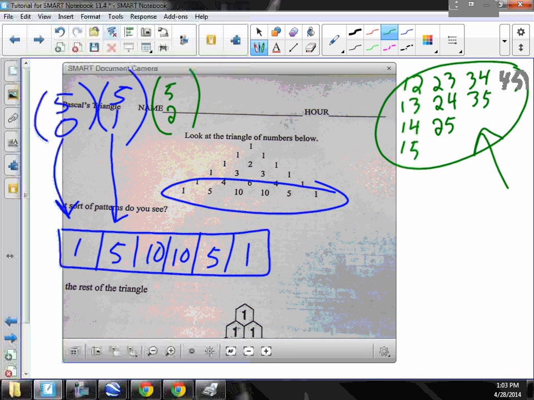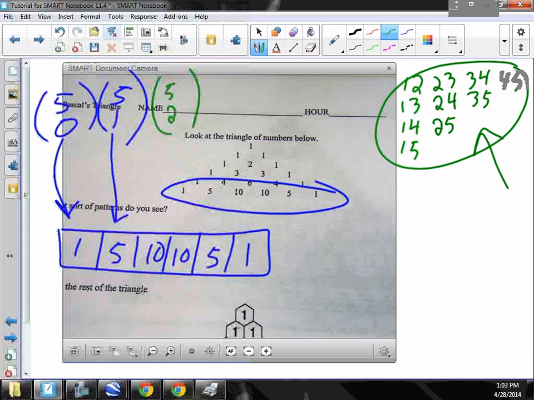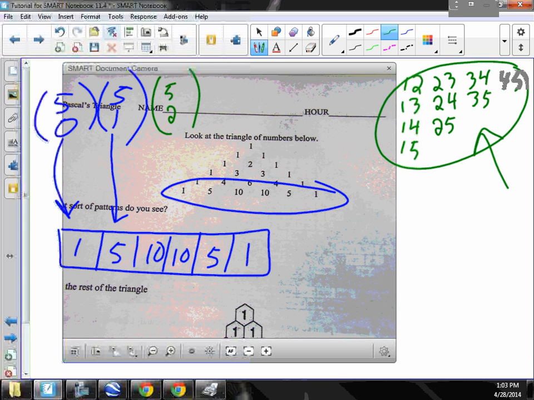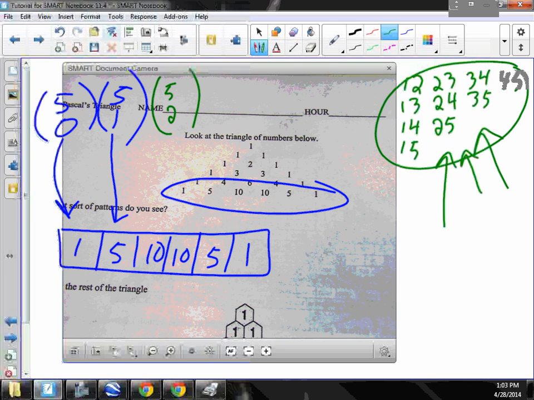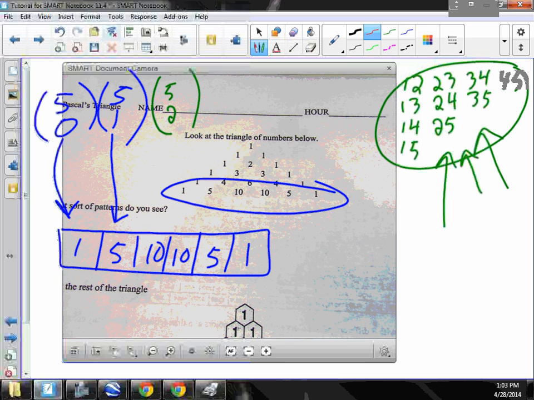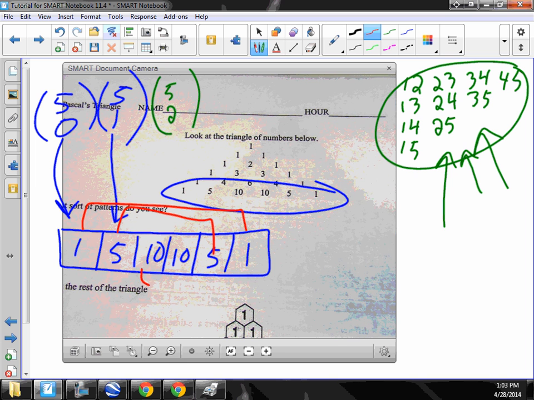Well, I could write out the possibilities for 3: 1, 2, 3, 1, 2, 4, 1, 2, 5. But why don't I just say, this is the number of ways to take 2 books to school. If I take 3 to school, then this is the number of ways to leave 2 at home. And it's the same number. And in Pascal's triangle, those match, and those match.